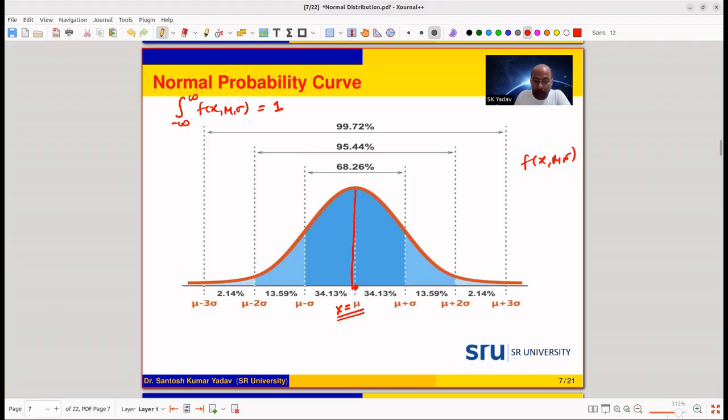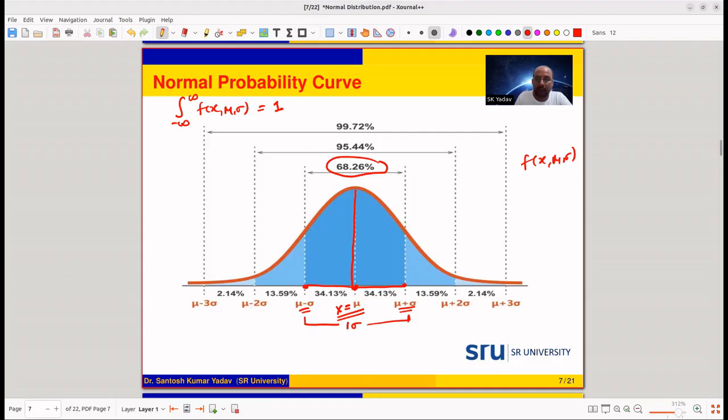The area from x equal to mu up to mu plus sigma, and from mu down to mu minus sigma, is called the 1 sigma range, and its probability is 0.68.